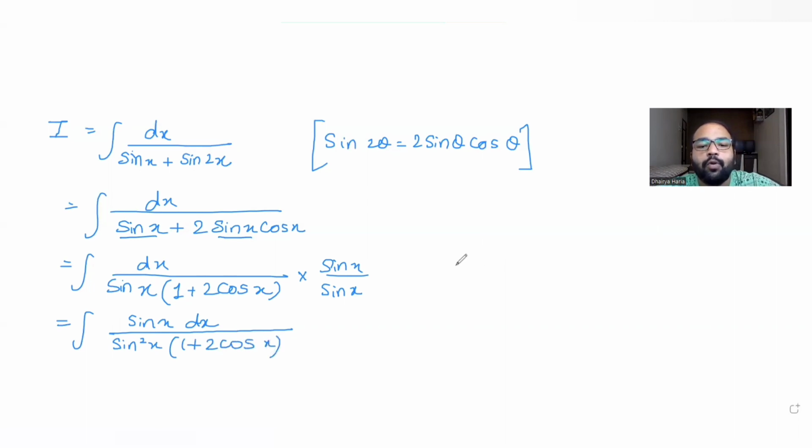Now I can apply one more idea here: sin square θ plus cos square θ is 1.